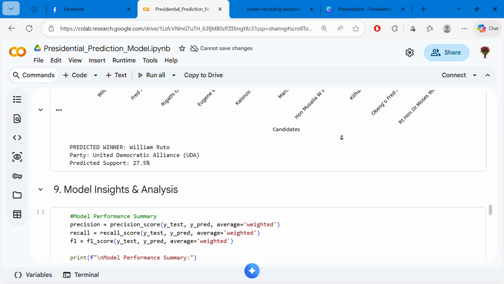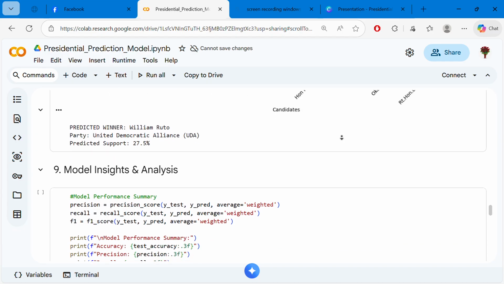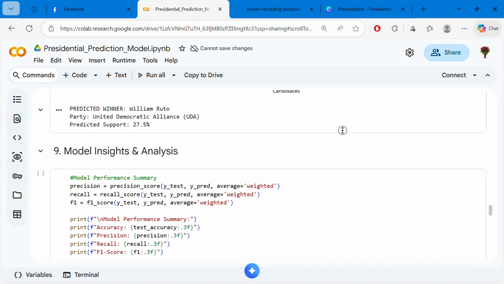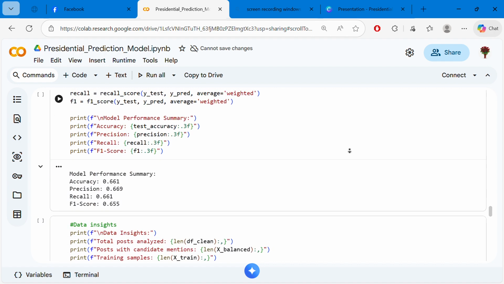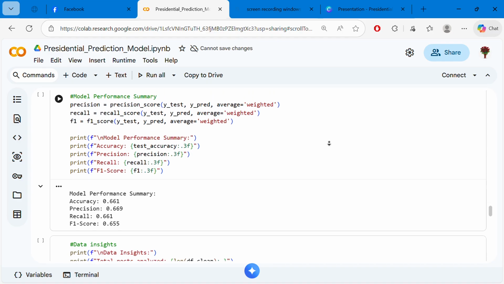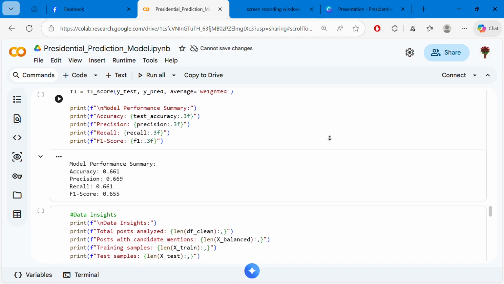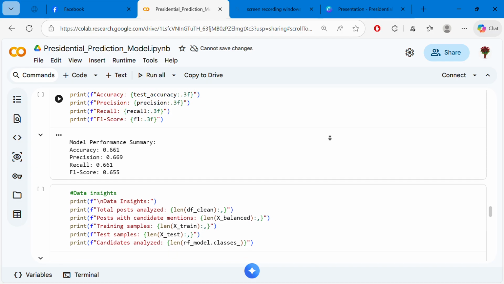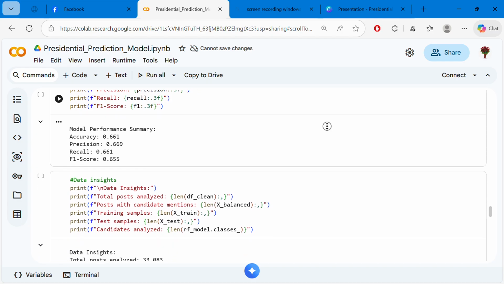So the predicted winner will be William Ruto with 27.5% from the UDA party. This is the model performance summary: accuracy of 66.1%, precision of 0.669, recall of 0.661, and F1 score of 0.655.